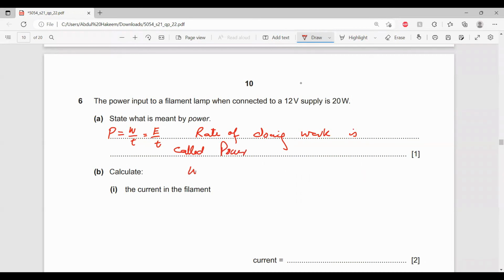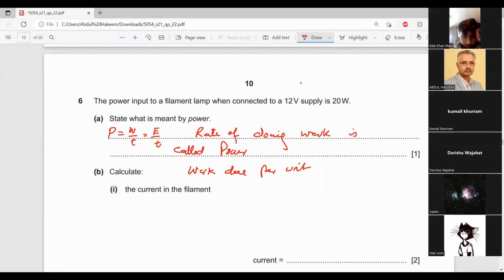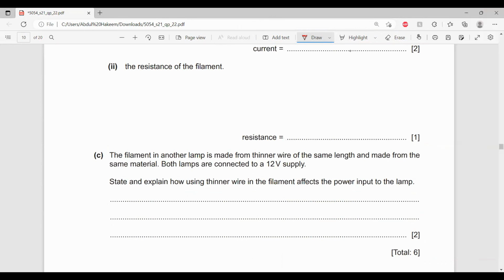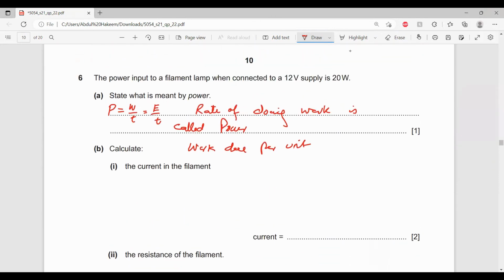Either that, or work done per unit time is called power.